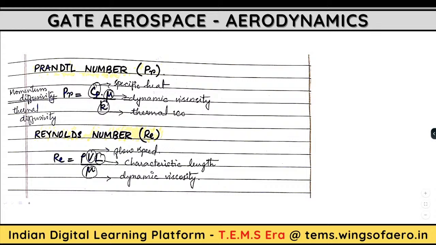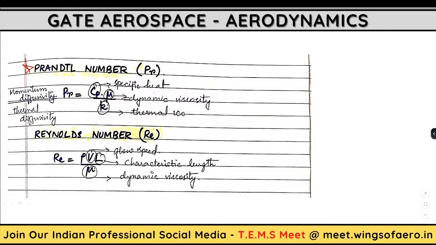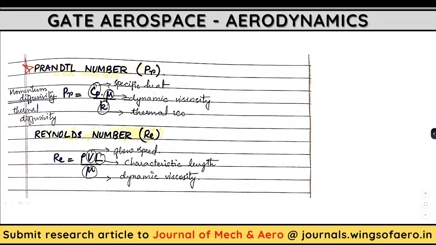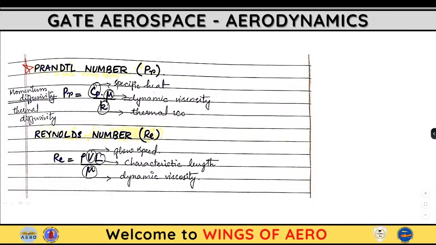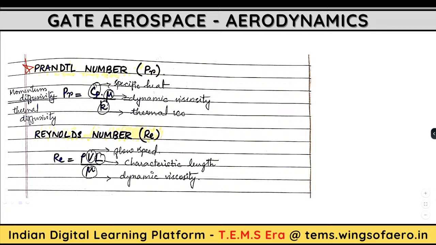Then another very important one is the Prandtl number. There are a lot of applications based on this number. Prandtl number is the ratio of momentum diffusivity to thermal diffusivity, or we can recall it as Cp times mu by k. Cp is the specific heat at constant pressure, mu is the dynamic viscosity, and k is the thermal conductivity.